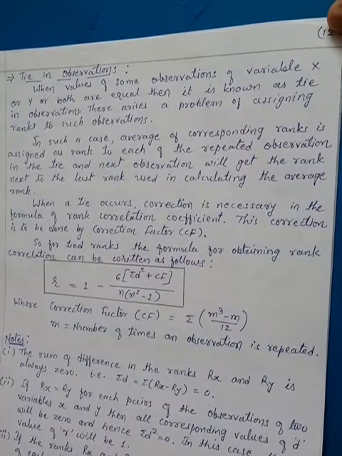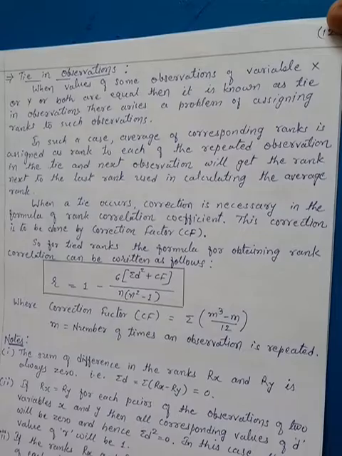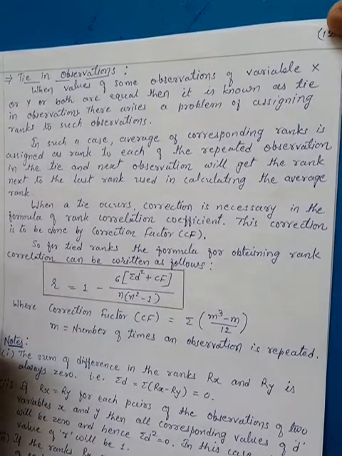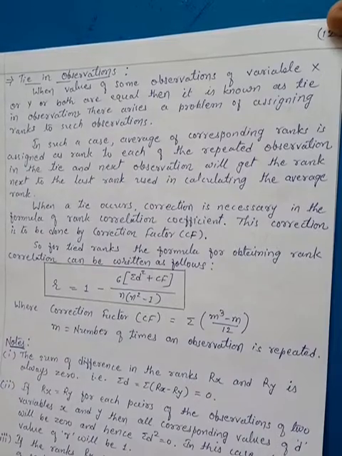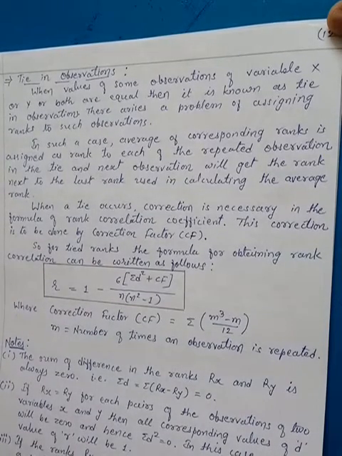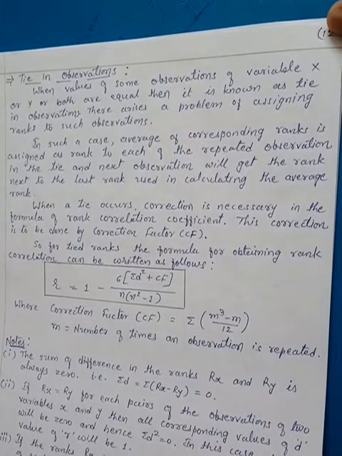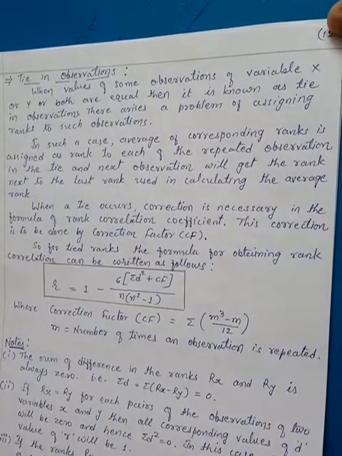Okay, now what does average of the ranks assignable mean? Suppose the next 2 values are equal, we were at the second rank, and the next rank we have to provide is the third rank. So the next 2 ranks will be provided to those 2 repeated values, that is third and fourth. Average of third and fourth, that is 3 plus 4 divided by 2, so you will get 3.5, and this is your rank for those 2 similar values.